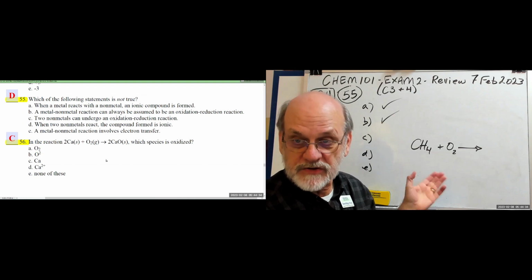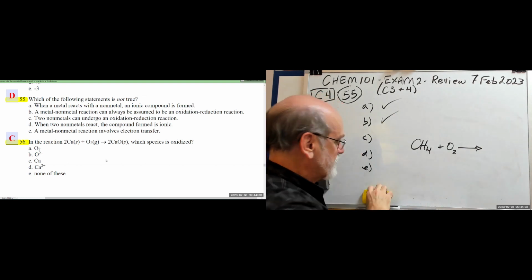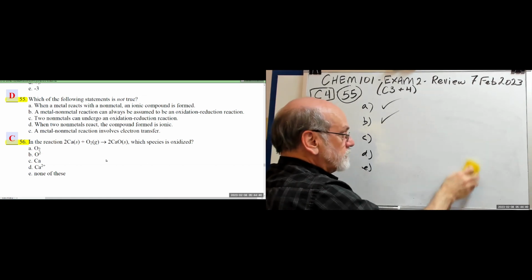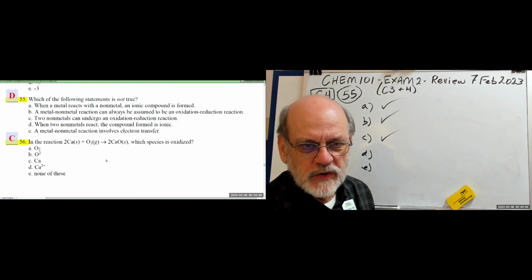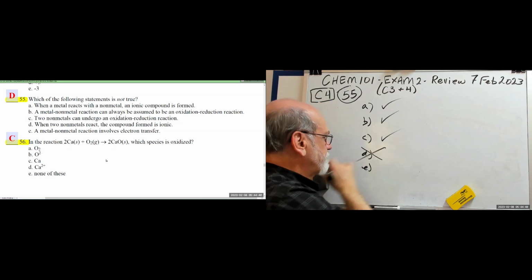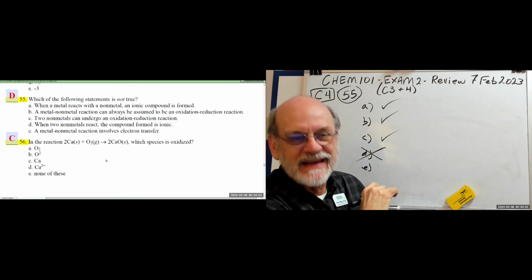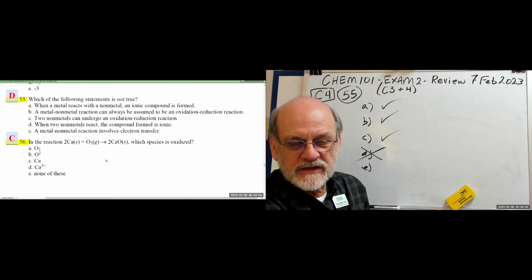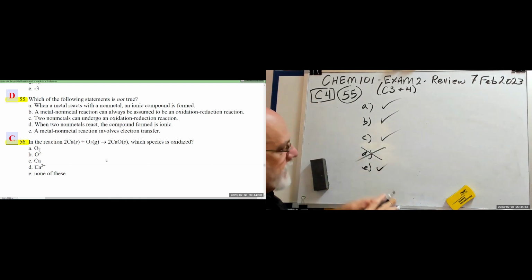We know that combustion reactions are redox reactions. So yeah, C is also true. How about D? When two nonmetals react, the compound formed is ionic. Nope. That never happens. And E, a metal-nonmetal reaction involves electron transfer. Yeah, that's true. Okay, so we found our answer, D.